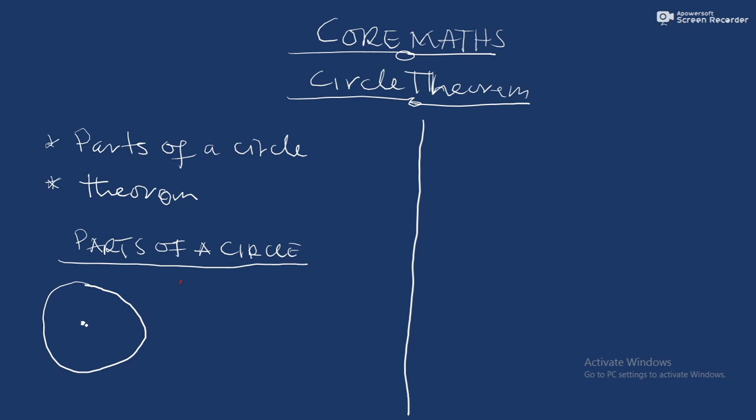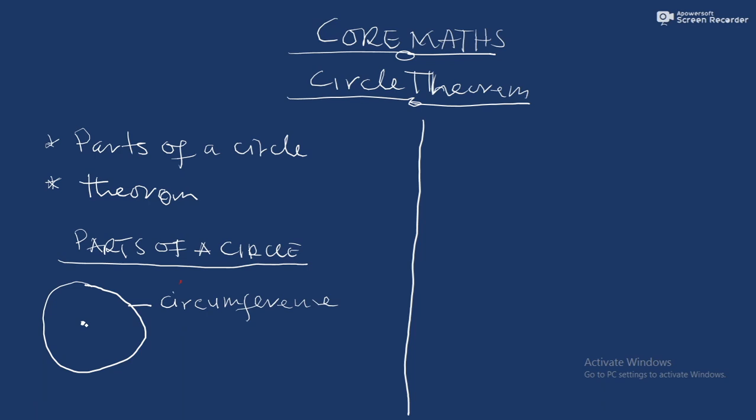So every circle has a center, its fixed point, and then it has a boundary, a length of boundary called the circumference. This is the circumference of the circle, the length of boundary around the circle.